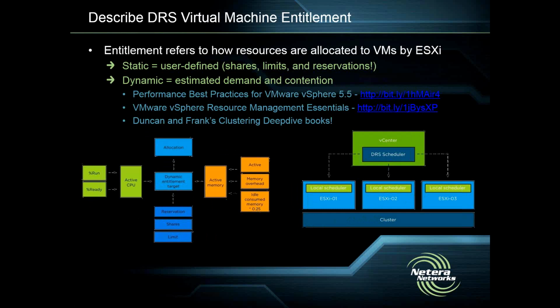But a cluster is comprised of discrete, disparate hosts. So when it pushes down this final allocation, taking into consideration the actual amount requested of the resource and the artificial limitations put on that, each ESXi host then has to determine how much resource it has of that particular resource, in this case CPU or memory, and how much it can give to the VM. They work together, but DRS in the end is a function of vCenter.